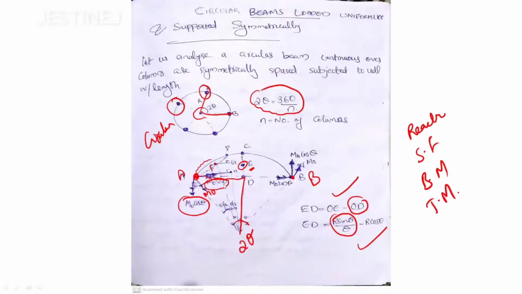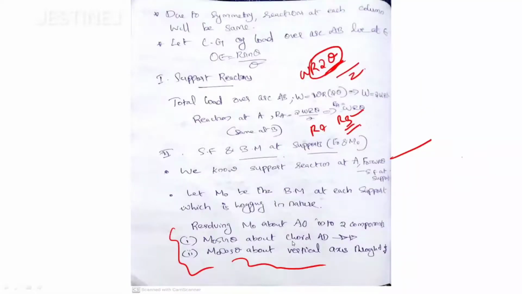So if you are considering this AB portion as your axis, there will be only this M0 sin theta and this M0 sin theta. And also the load acting over this point E multiplied with this distance ED. That's why we have determined this value, ED equal to R sin theta by theta minus R cos theta.